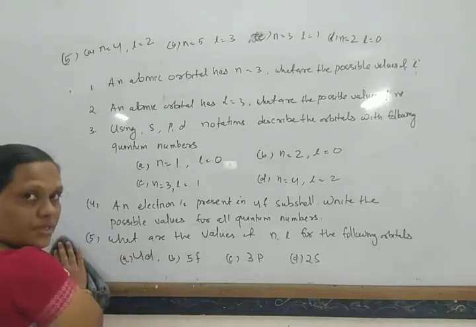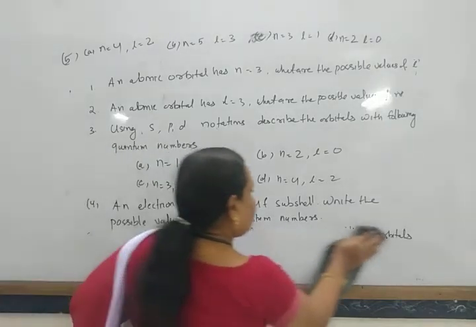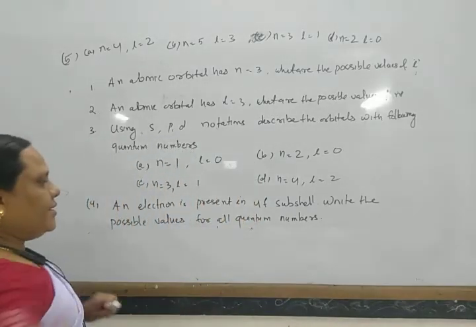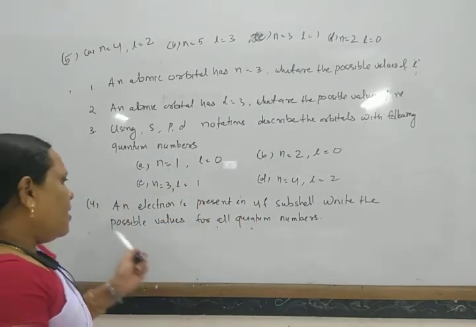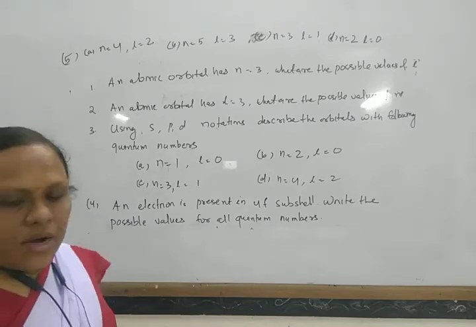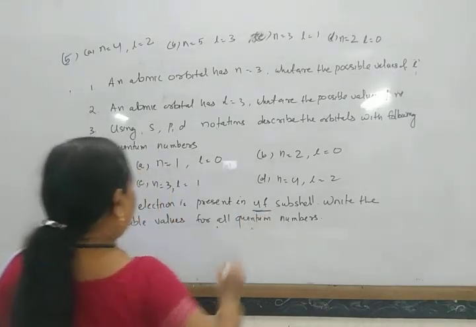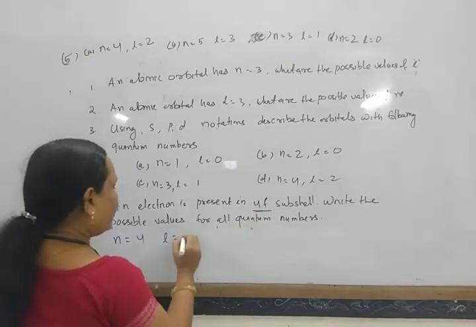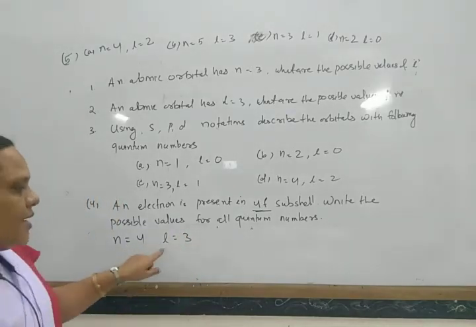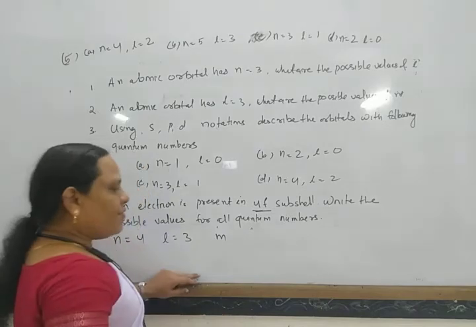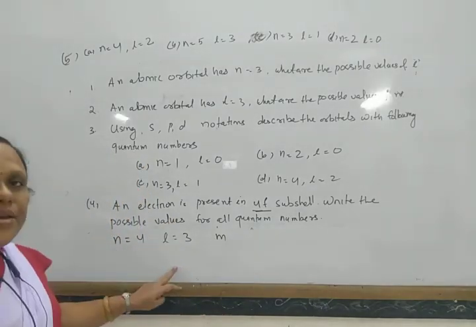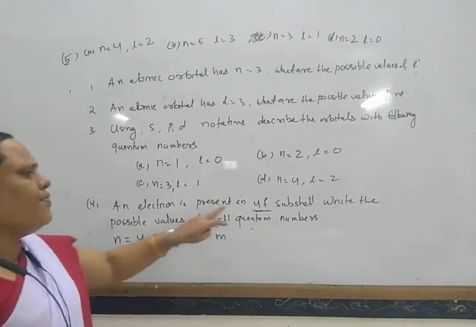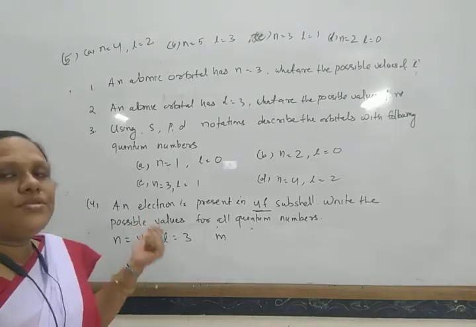Next come to question number 4. Given an electron is present in 4f subcell, write the possible values for all quantum numbers. It is given 4f, so n equal to 4 and l equal to 3. As l equal to 3, what are the values of m? No need to write all the values of l, 0, 1, 2, because it is already given 4f. If it were given as the 4th cell, then you would write the l values 0, 1, 2.